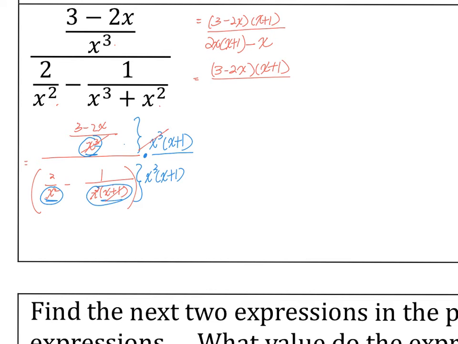And the bottom I can distribute, so that I can combine these two. And this will produce 2x squared plus x.